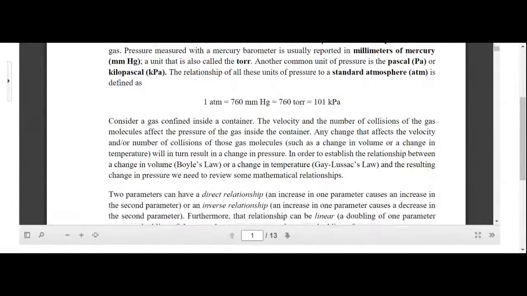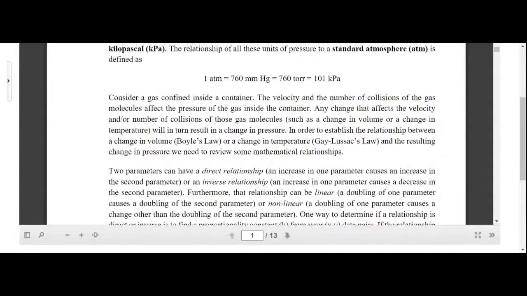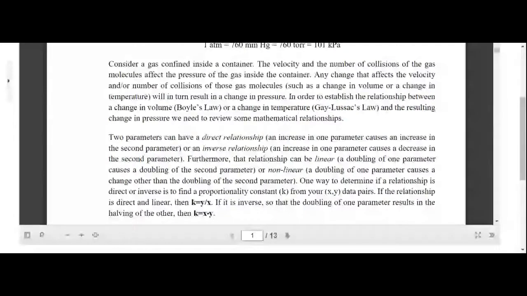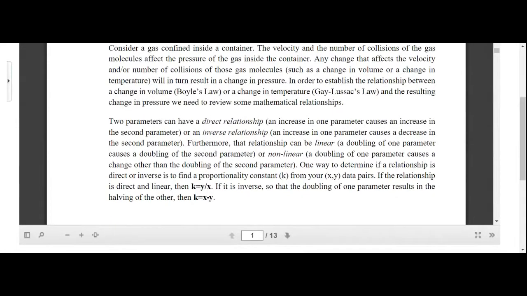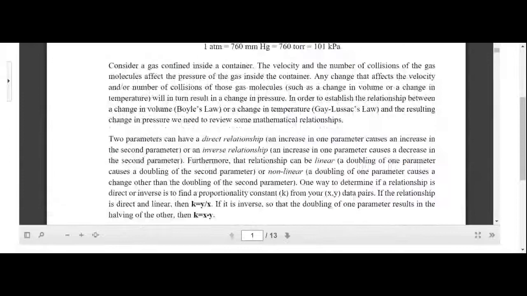The ones that we are going to work on today are Boyle's law and Gay-Lussac's law. One thing you want to know for sure when we are using the gas laws: if we are dealing with temperature, it must be in Kelvin. Other units do not work for gas laws.